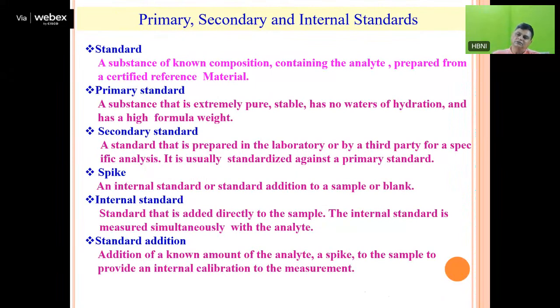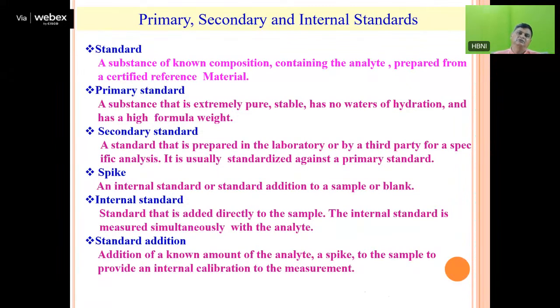Then standard. Whenever you give any sample for determination of any element, the analyst says, oh, I do not have the standard. Basically, a standard is a solution of known composition containing the analyte, prepared from a certified reference material.